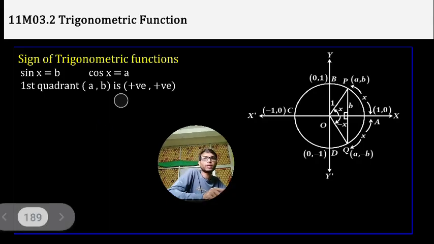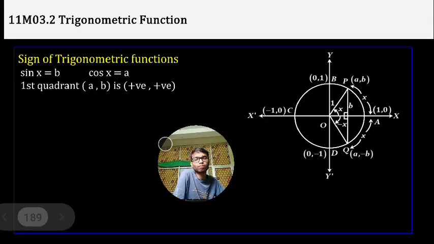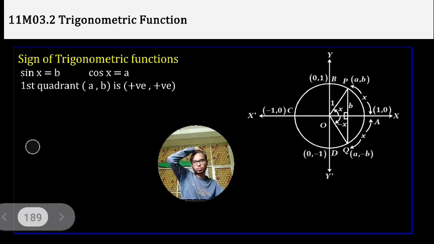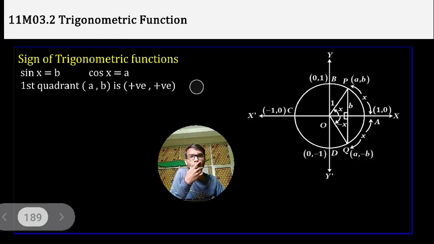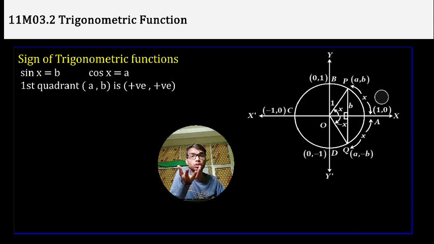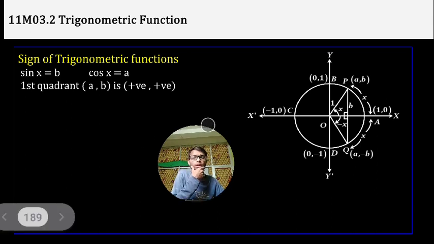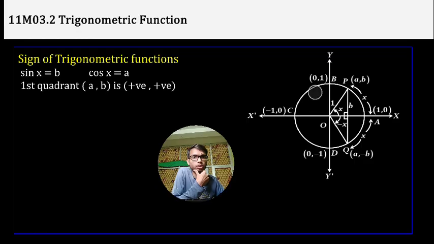Here in the first quadrant, a comma b, all these are positive, isn't it? But when it comes here, what will happen? This a will become minus and this b will become positive.